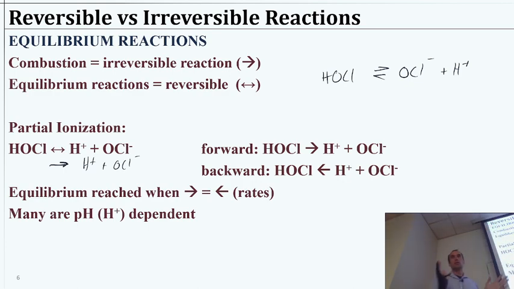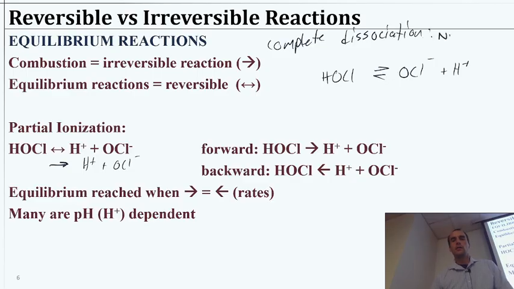So this partial ionization, we could say partial dissociation, or in some cases we might say complete dissociation, if it's something like a salt, sodium chloride, it really doesn't like to come backwards into sodium and chloride unless you have a lot of salt in solution. So solubility reactions are a good example. Technically, you could end up getting a saturation condition, but it's very unlikely.